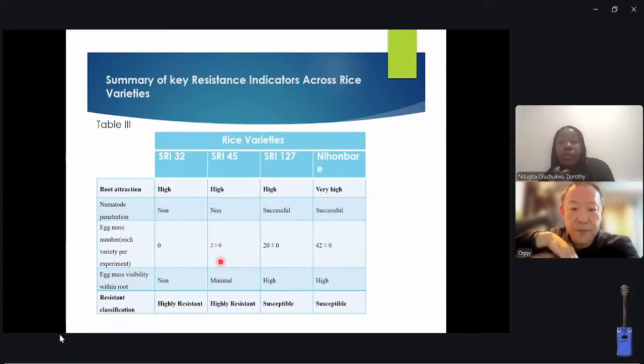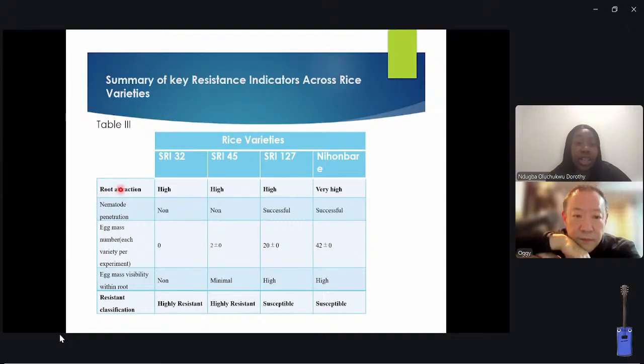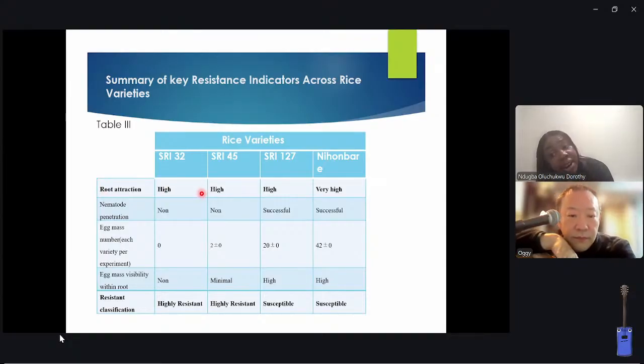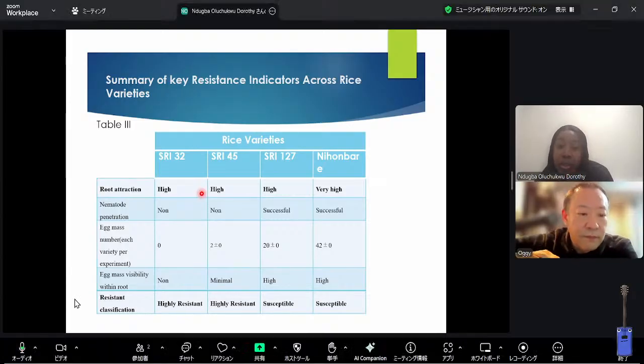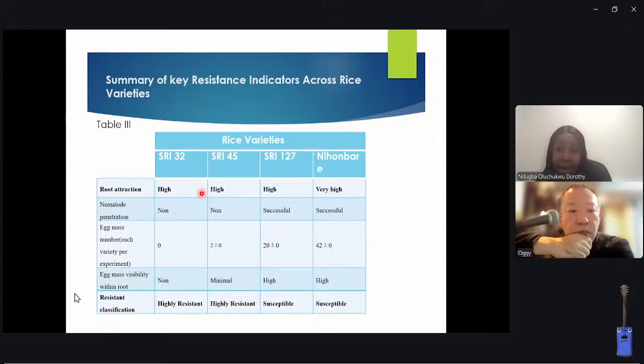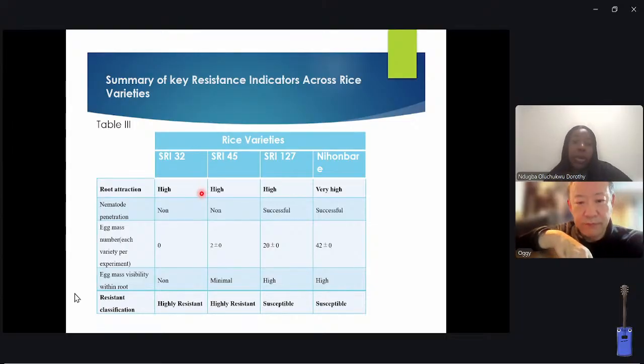Okay, for the summary of the key resistance and indicators across the rice varieties. For root attraction, the rice varieties SRI 32, 45, and 127 were high, during the 5 hours and 24 hours as well.